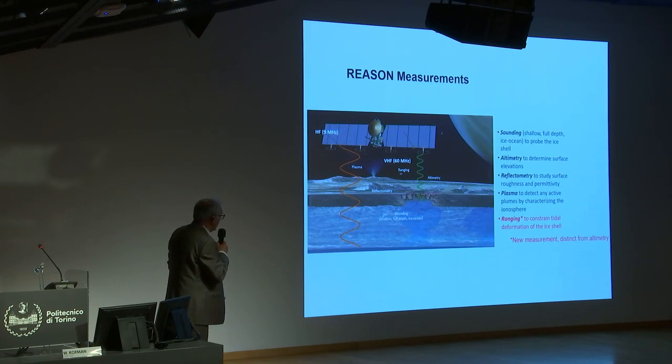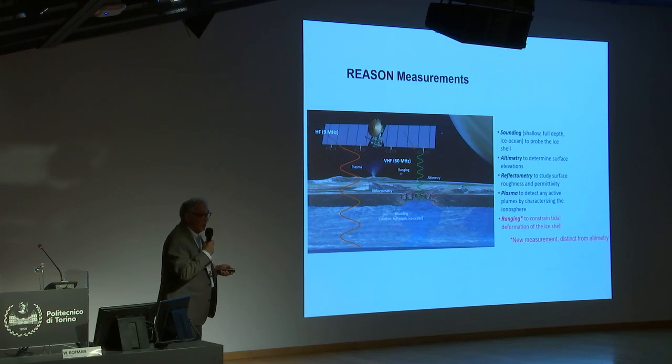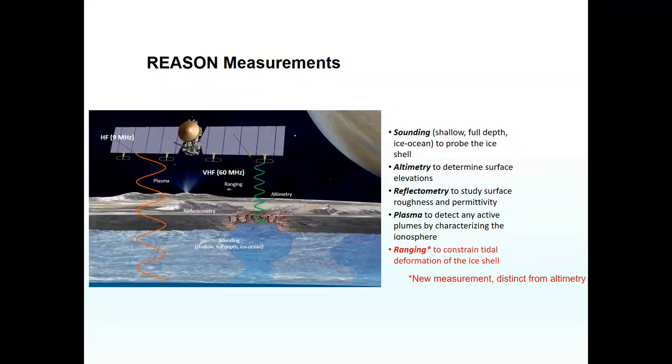And the next mission, which will be launched in about 1 year, is the REASON radar, on which I am also co-I. In fact, it happened that I am co-I on all the planetary sounding radars. And this is a very interesting system because we also have a 9 megahertz radar, which will give us the possibility to compare results.